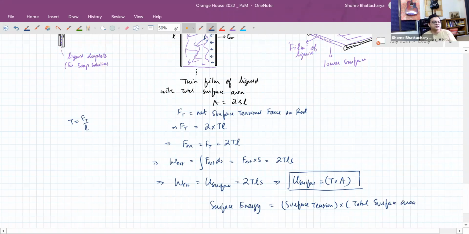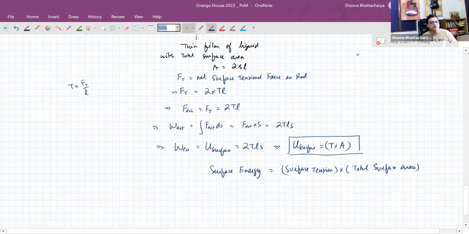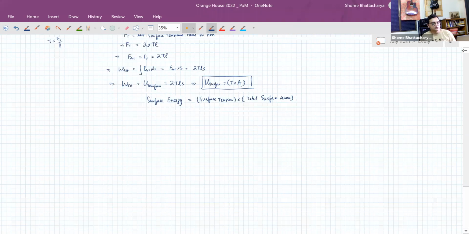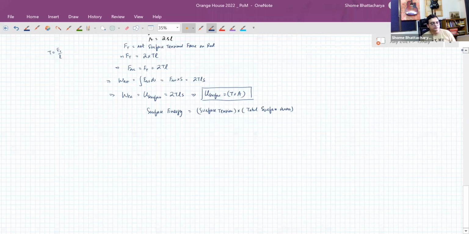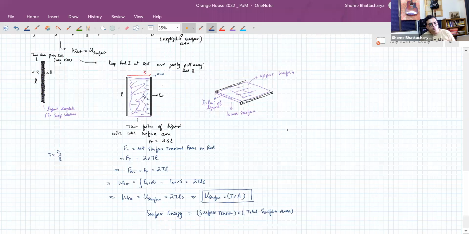Now the reason why the external force is equal to 2 times T into L is again because there are two surfaces, one on top and one below. So there are force vectors acting from both the surfaces. If you take a magnified side view of this rod, it is in contact with two surfaces, no? One above and one below. So both the surfaces are applying forces like this.